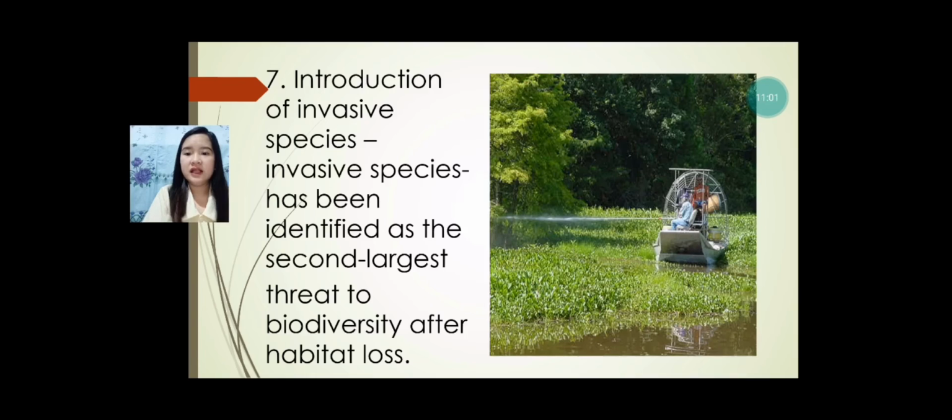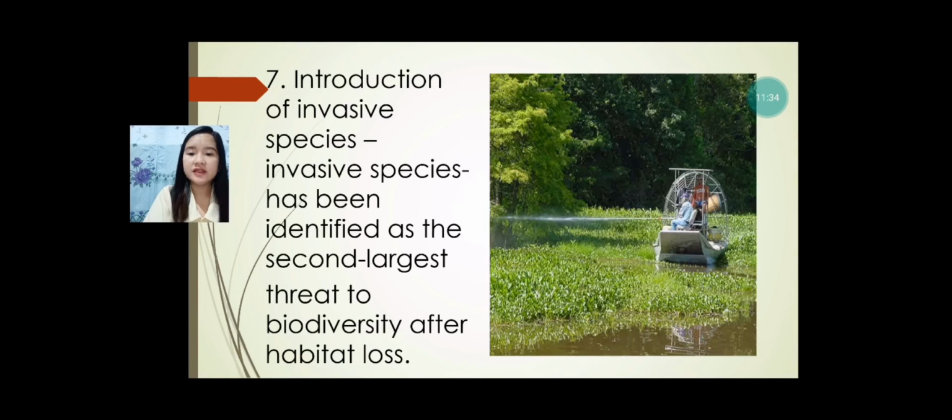Invasive alien species, or IAS, are those species introduced, whether by accident or intentionally, to a place which is not their natural habitat. Their introduction could become a threat as they may outcompete the native species for food and other resources, which may lead to the decline of population or extinction of the latter.